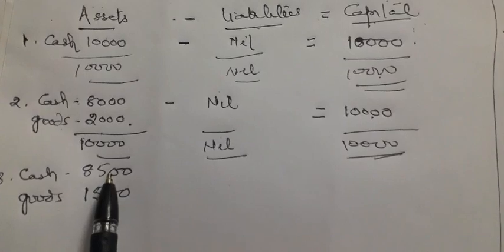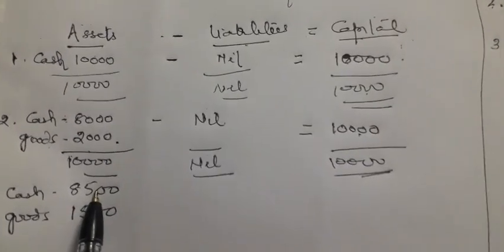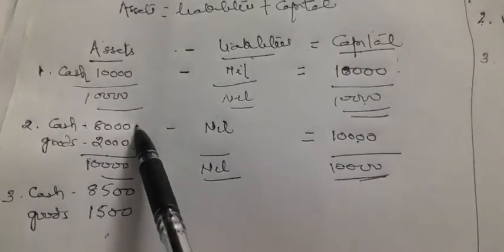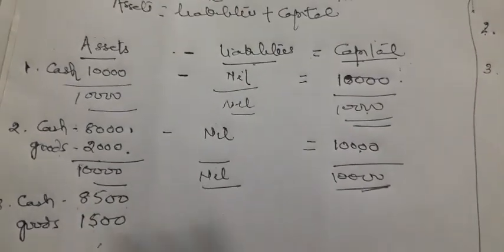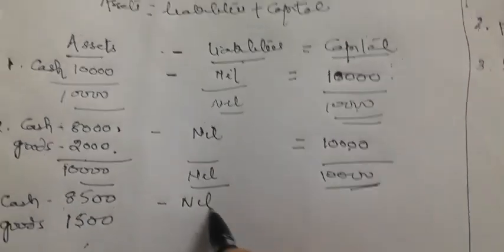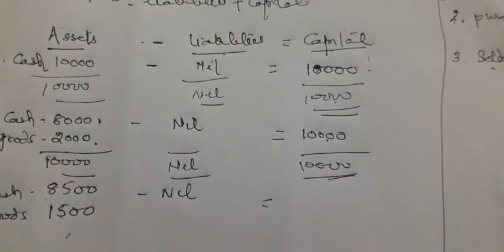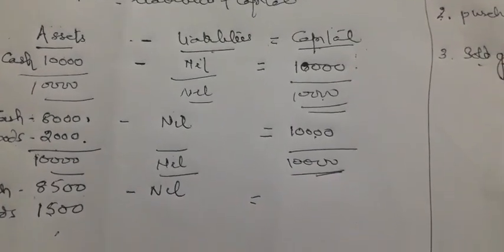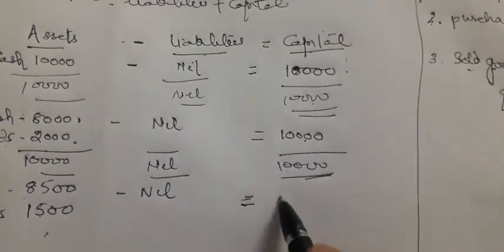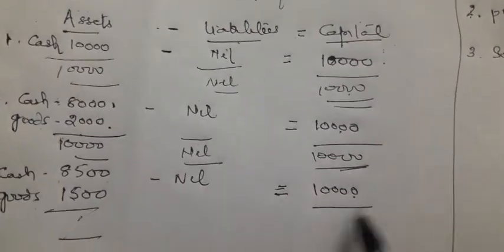And cash, because we have sold goods for cash, will be 8,000 plus 500, 8,500. There is no liability involved here, and sale and purchase of goods does not affect the capital, so capital will remain as it is, 10,000.